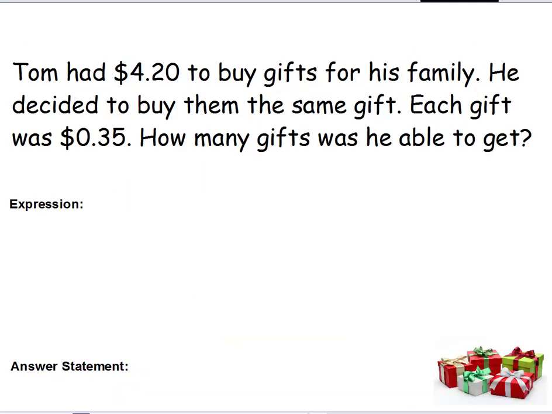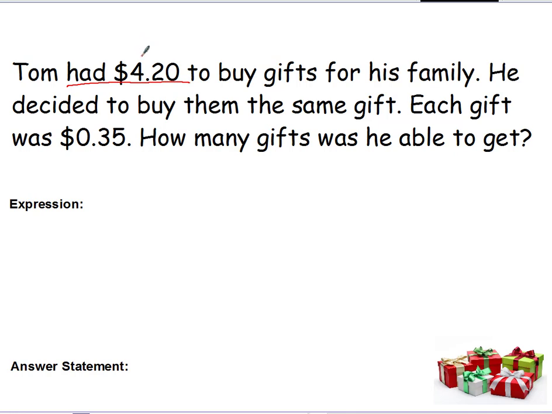Okay, third problem. Tom had $4.20 to buy gifts for his family. He decided to buy them the same gift. Each gift was 35 cents. How many gifts was he able to get? Okay, they're telling us that he had a total of $4.20.